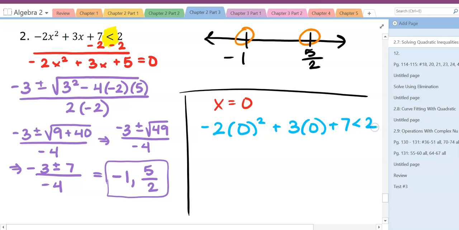We're testing to see if that's less than 2. What am I going to get on the left side? Seven less than 2, right? True or false? False. That means I don't want to include 0. So I don't want to include the space in between those two numbers. So my shading is actually going to go in opposite directions for this one.